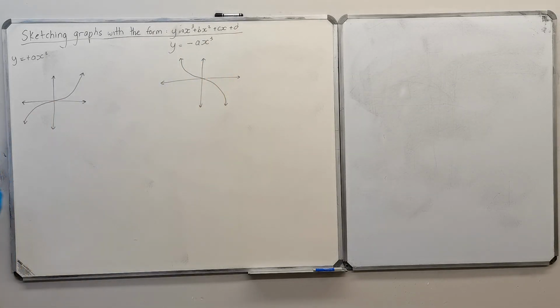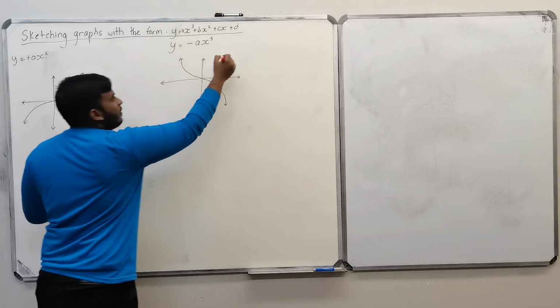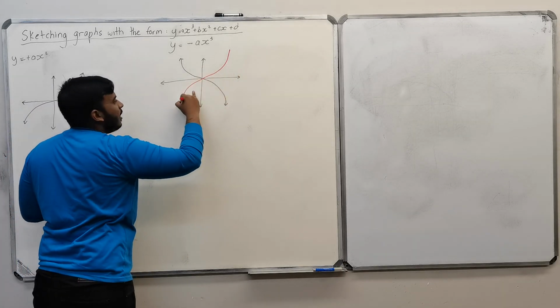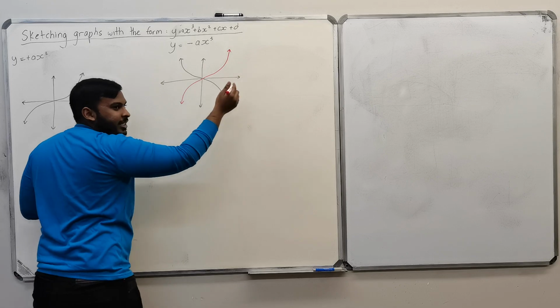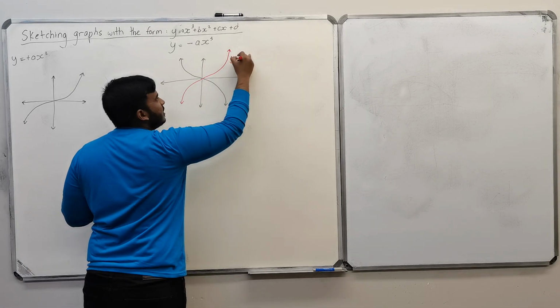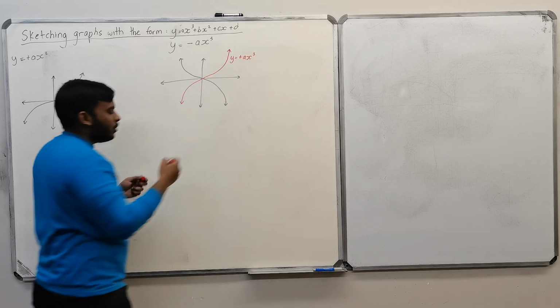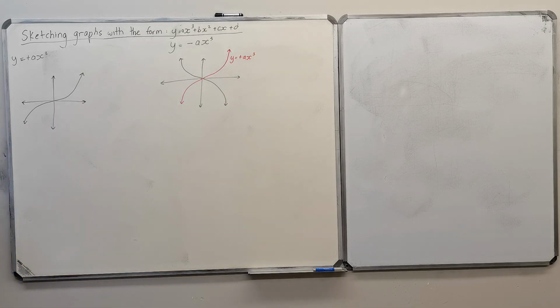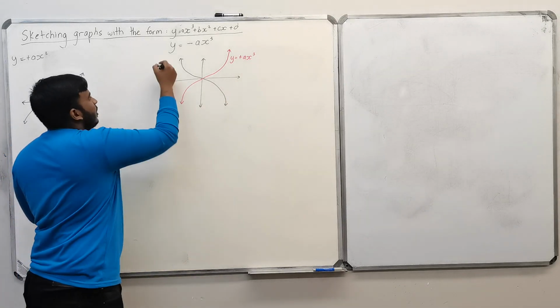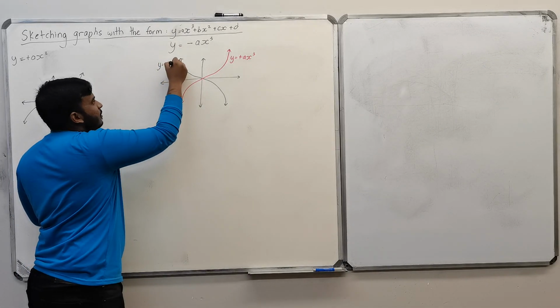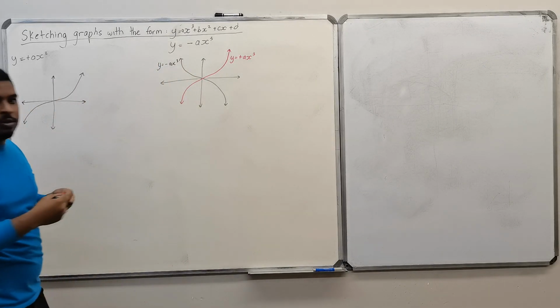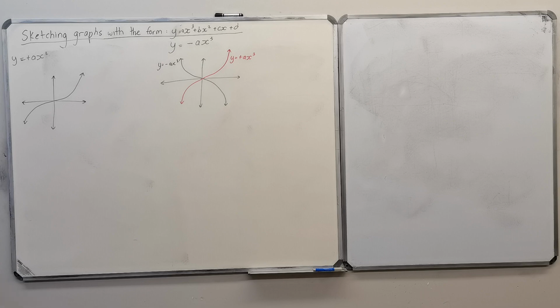So you would have done this. You show both like that. Both are shown on the same set of axes. You would say this is equal to y is equal to positive ax cubed, and for here you would have said y is equal to negative ax cubed. 6 marks. You would have labeled your axis and everything, but that's what you would have done.